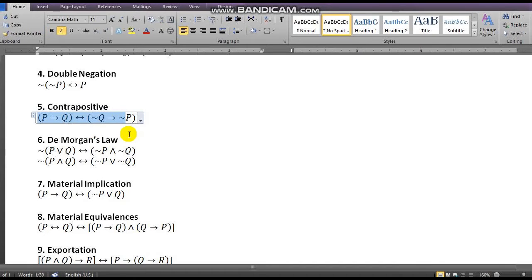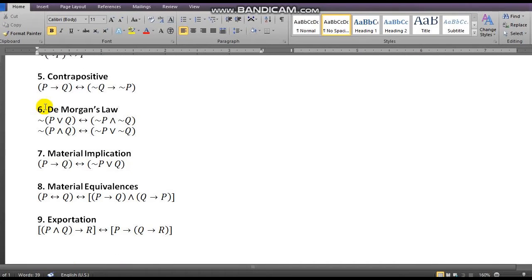So that's the contrapositive. For the next one, we have De Morgan's law. For De Morgan's law, the idea here is that we get to distribute the not sign. However, if we distribute the not sign, the or symbol becomes the and symbol, and the and symbol becomes the or symbol. Just like when we distribute a sign in a binomial, the negative becomes positive and the positive becomes negative.